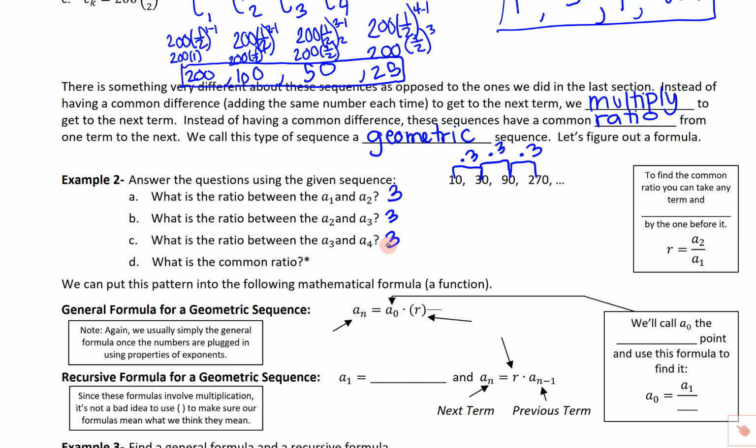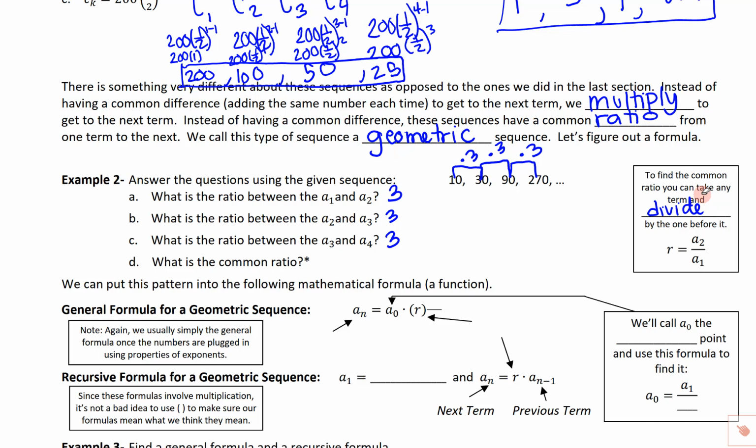Okay, once again, if you have a hard time coming up with what we multiplied by, we do the opposite to figure it out. So you can take any term and divide it by the term in front, and that will give you what your common ratio is.